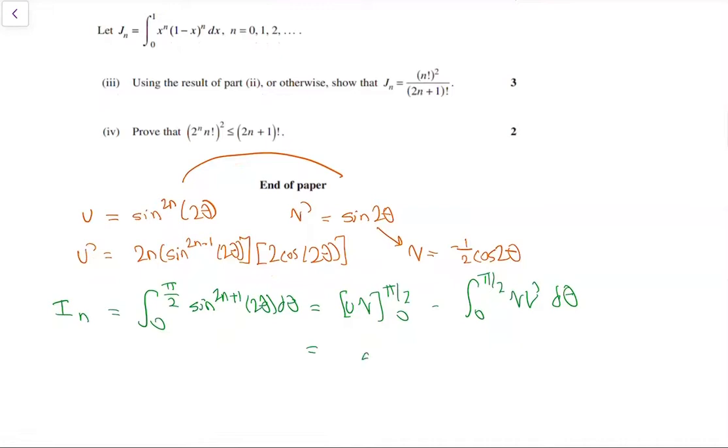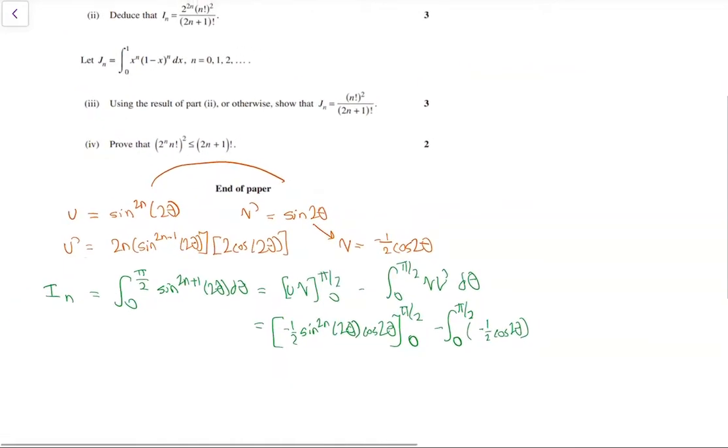So uv, we have sine 2n of 2 theta and minus half cos 2 theta from 0 to pi over 2, minus the integral from 0 to pi over 2 of negative half cos 2 theta, and here we have a long expression which is 2n sine 2n minus 1 of 2 theta times 2 cos 2 theta, and d theta here.